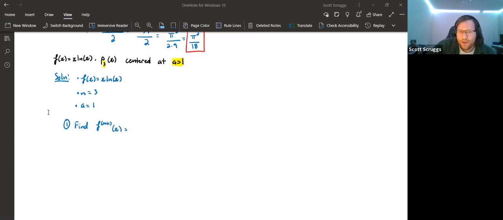First step, you have to find the (n plus 1)th derivative, and because n is 3, that means we need the fourth derivative of f of x.